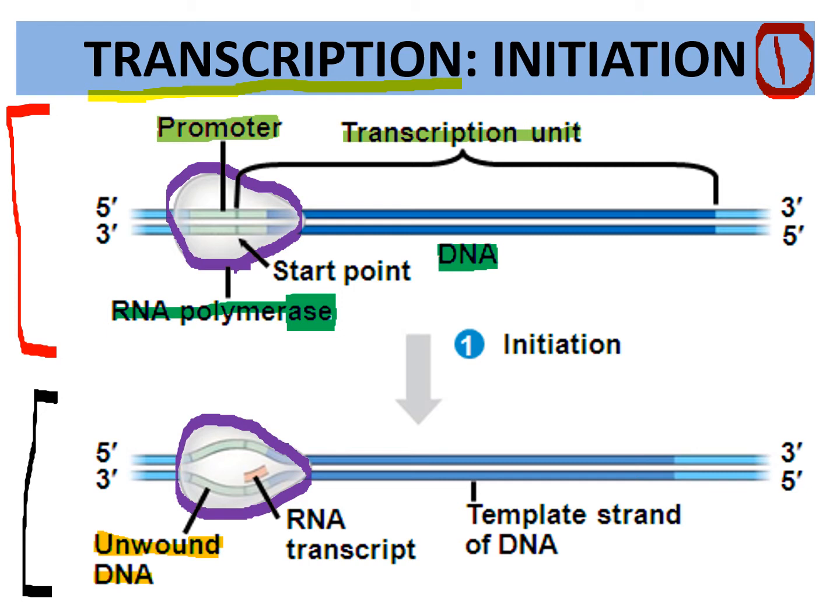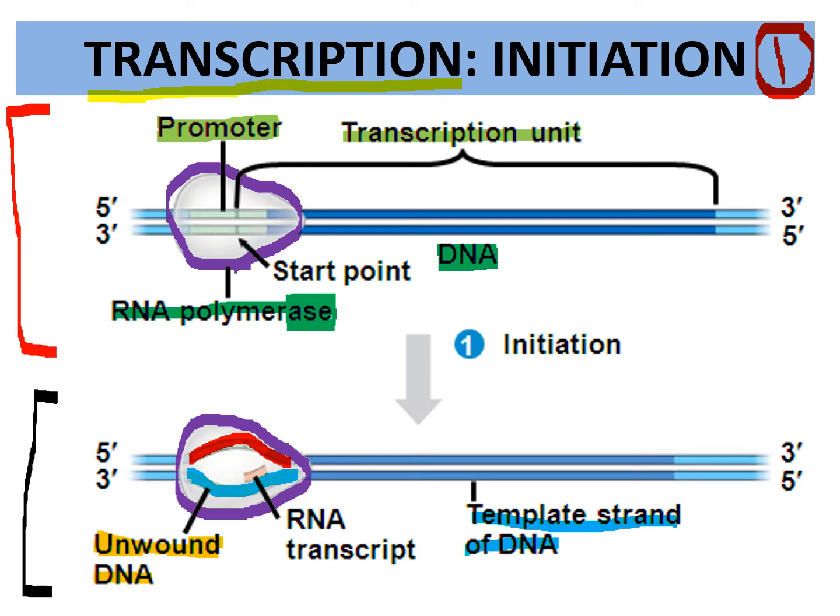We then have two strands of DNA in that bubble, the top strand in red and the bottom strand, which I'll show in light blue. The strand in light blue becomes what is known as the template strand of DNA.